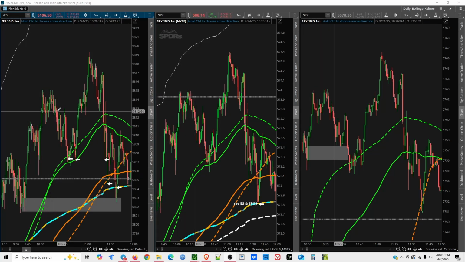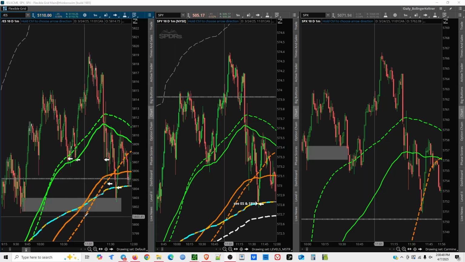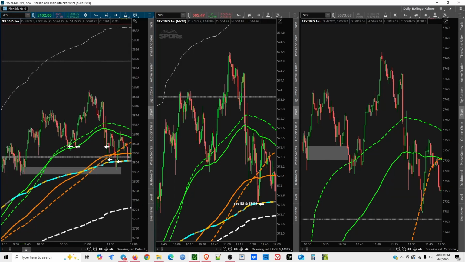And it's quite a ways from the 100 EMA and 100 SMA and the 200 EMA and the 200 SMA and also the intraday VWAP. And what you can't see is that VWAP, the regular VWAP for ES, is way down here. So they're very, very divergent on this particular day.